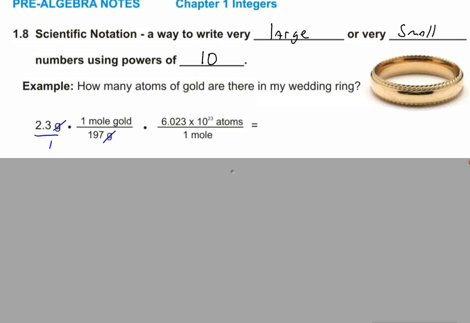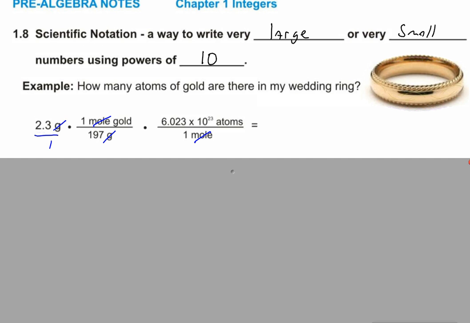A mole is 6.023 times 10 to the 23rd. That's a big number. That's a gigantic number. But that's the amount of a mole. It's just like a dozen is 12. A mole is 6.023 times 10 to the 23rd. So now I'm out of moles and I'm into atoms.